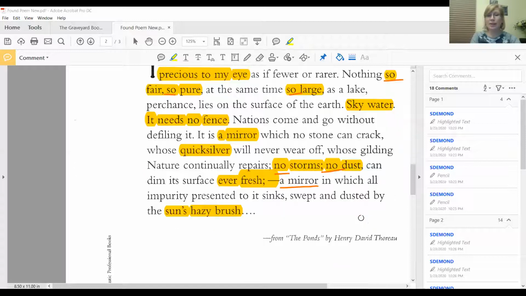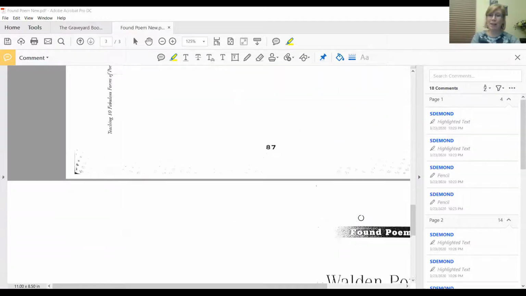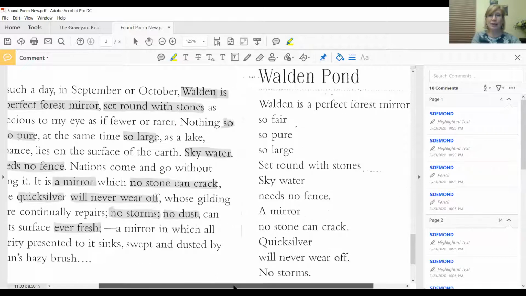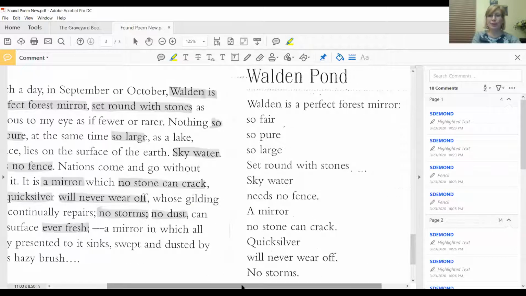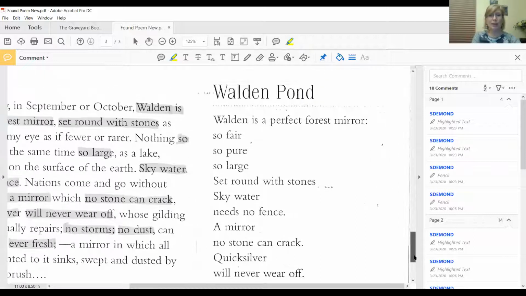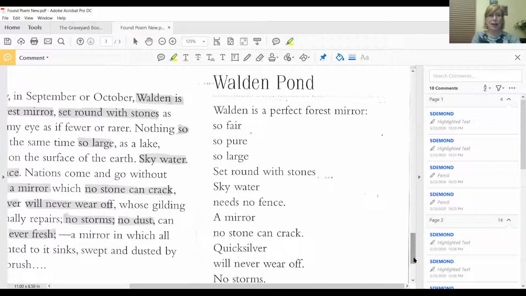Okay, so I'm going to keep going here, and you can see I've done this once or twice before, and here is an example of finding some words and highlighting them. And next, you'll see the typed version of the poem, rewritten now as a poem using lines and stanzas instead of paragraphs and sentences.